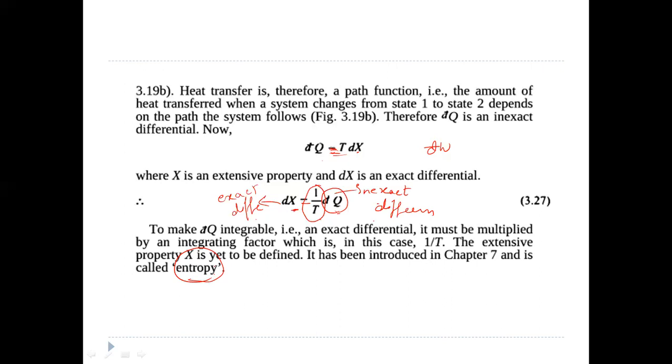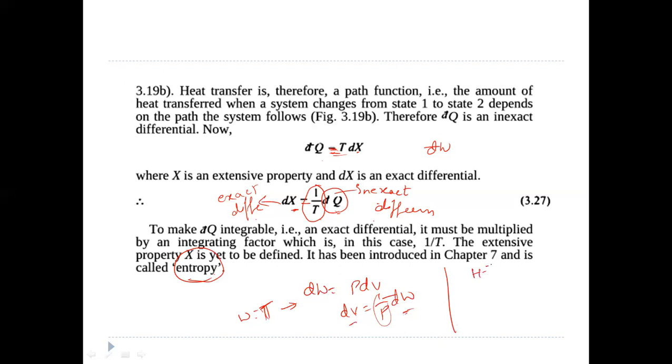The conclusion is, similar to dW is equal to P dV, so dV is equal to 1 by P into dW. That means an inexact differential is equated to an exact differential by multiplying with an integrating factor 1 by P in case of work transfer. So this is completely in terms of work transfer.